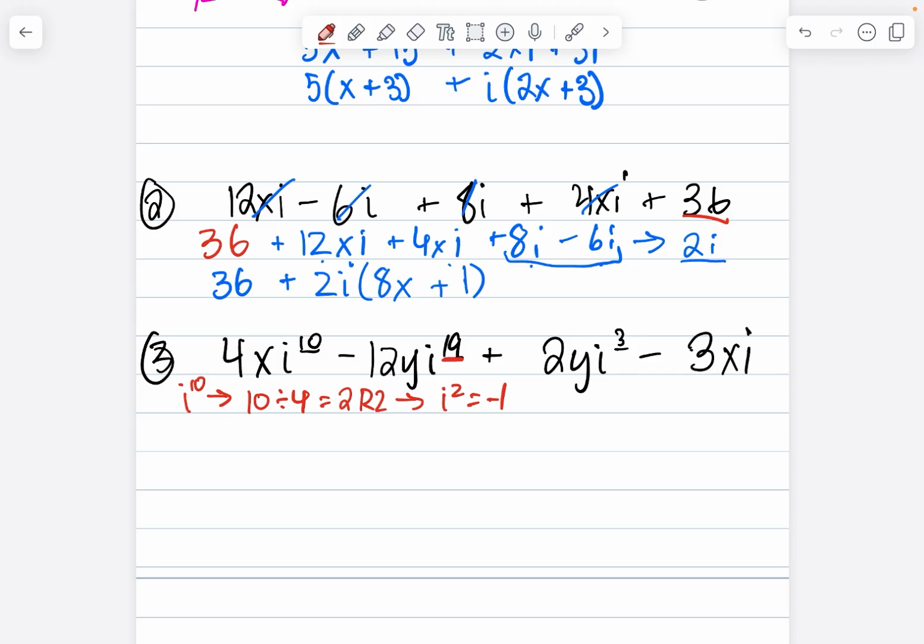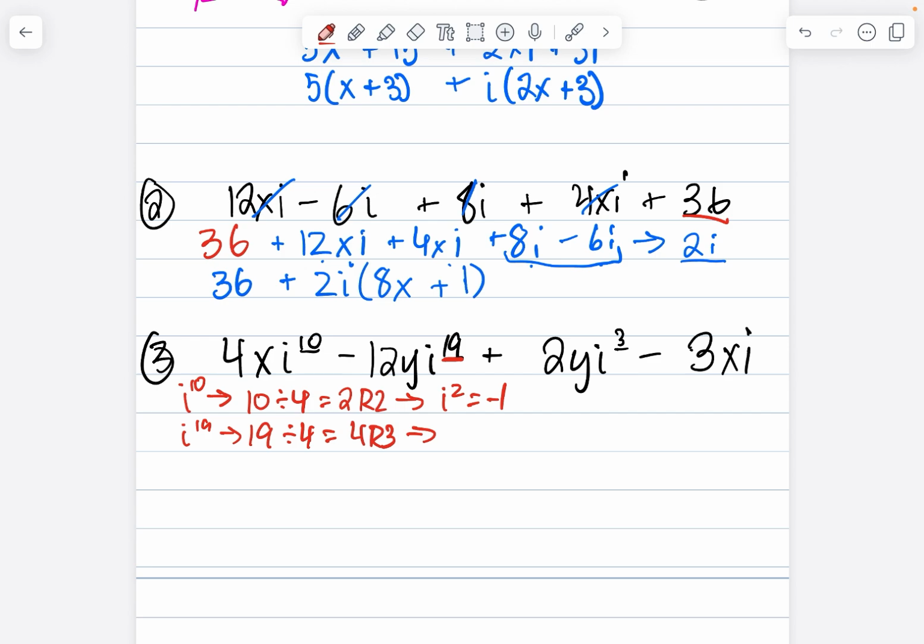Now let's look at i to the 19. I'm going to, since it works in cycles, 19 divided by 4 equals 4 remainder 3.